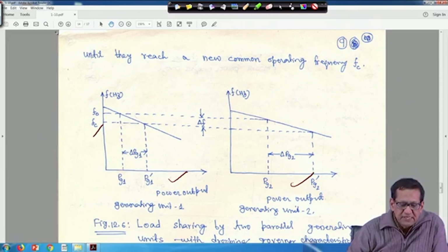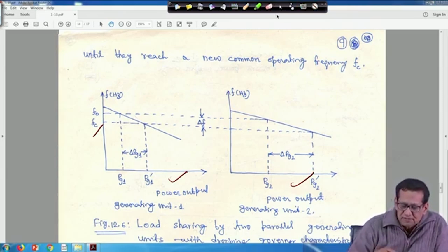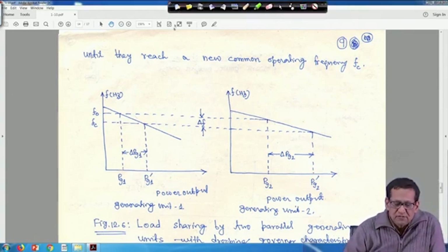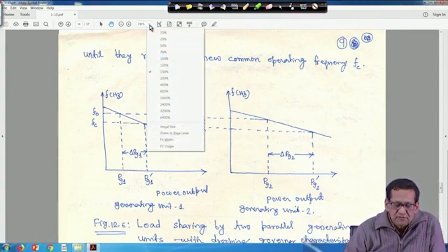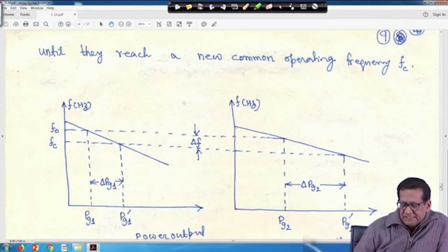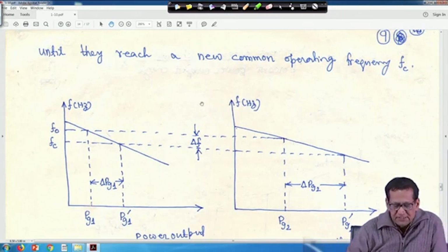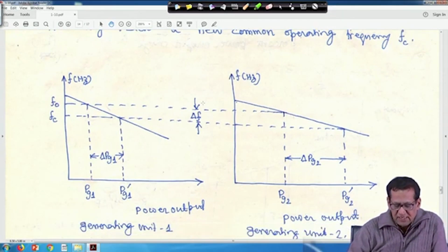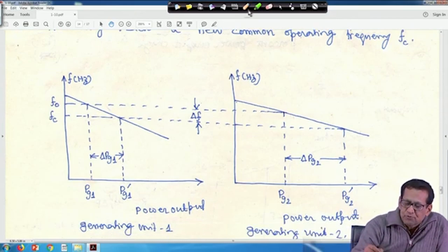Now, these two generating units are there. One is Pg1, another is Pg2, right.